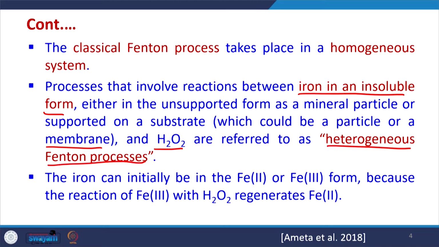The iron can initially be in the form of Fe2+ or Fe3+, because the reaction of Fe3+ with H2O2 will still generate Fe2+. So, iron may be in any of these forms.